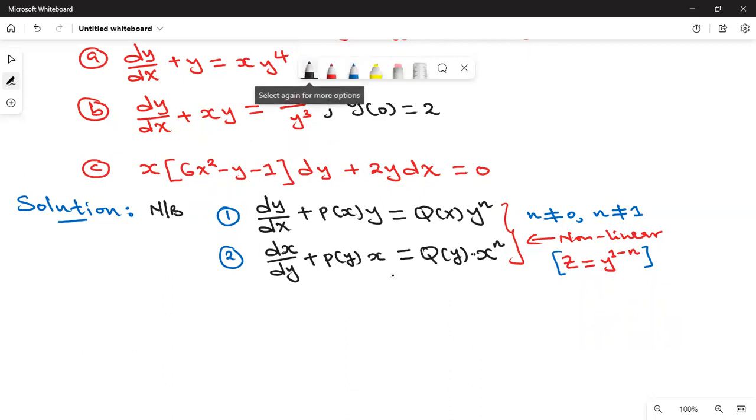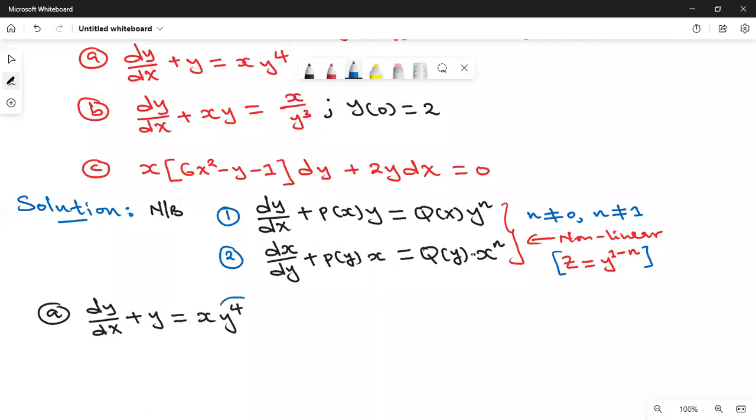I'll write the same equation. We have dy over dx plus y is equal to x times y raised to 4. What you must do is get rid of the function of y from the right-hand side, because I want to convert it to a linear ODE.